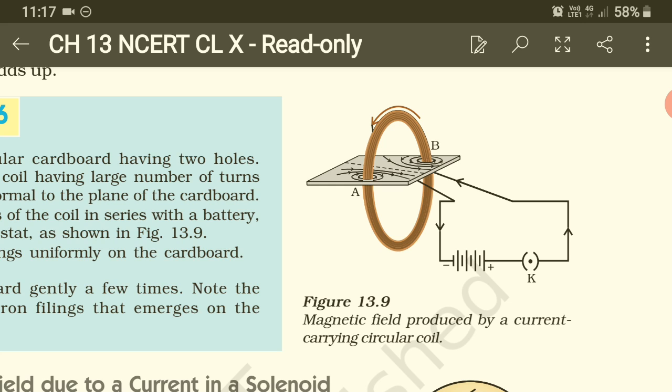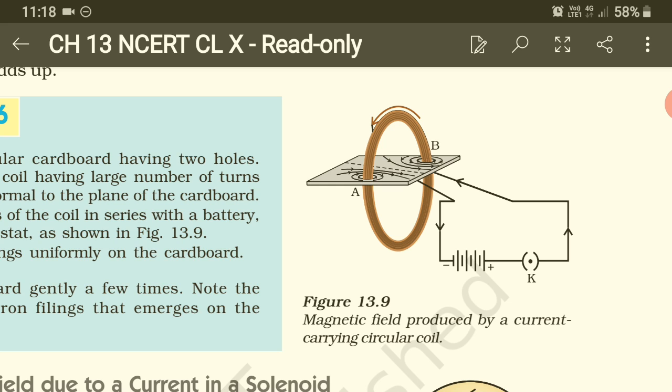As we can see, in arm B, the direction of current is upward. So obviously the direction of magnetic field will be opposite to the direction of magnetic field lines around the wire in the loop A part. As per the right hand thumb rule, we can come to know the direction of the field line. How?